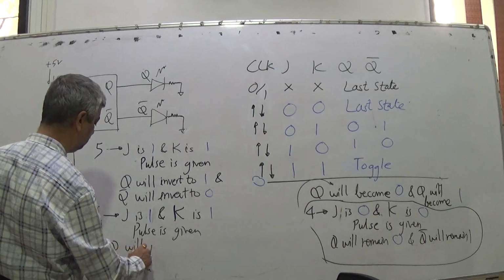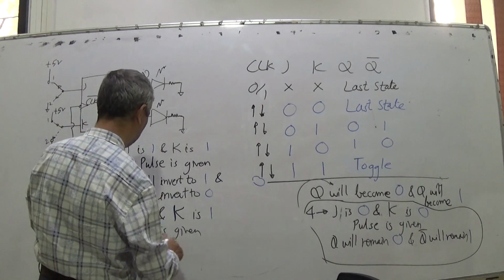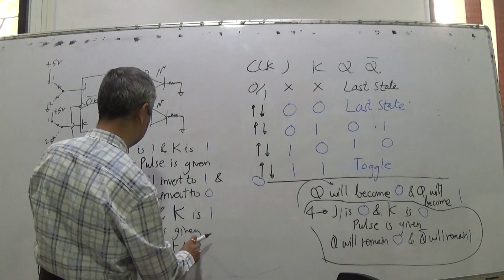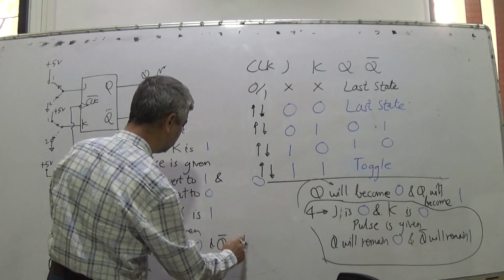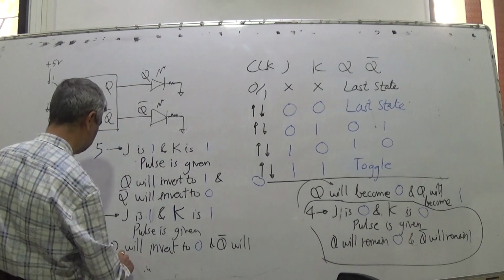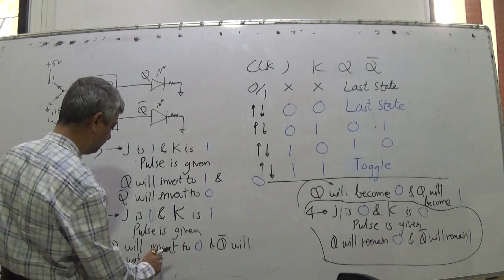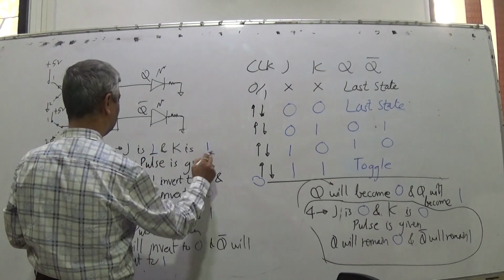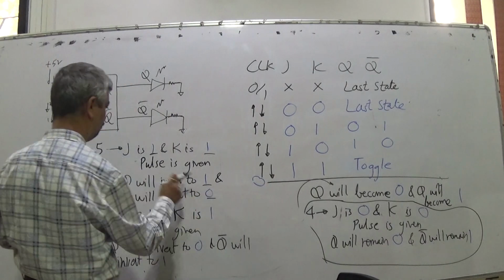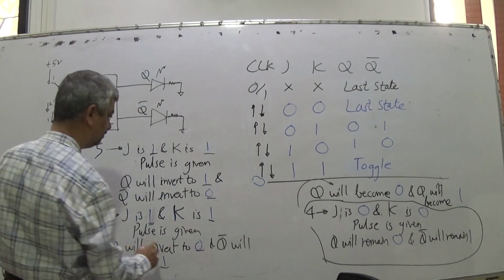Q will invert again to 0 and Q bar will invert to 1. So here inputs 1 1 gave outputs 1 0, and here inputs 1 1 gave output 0 1.